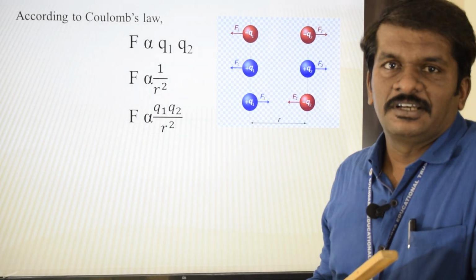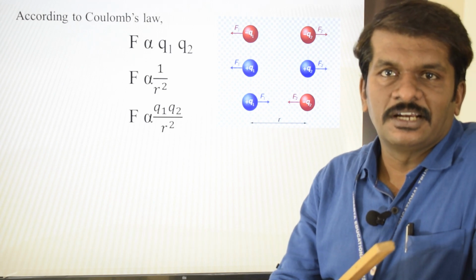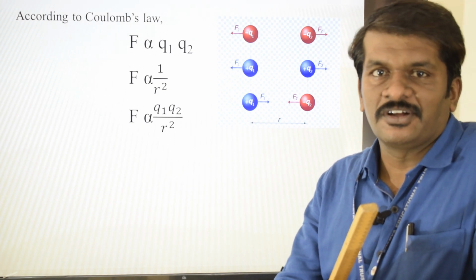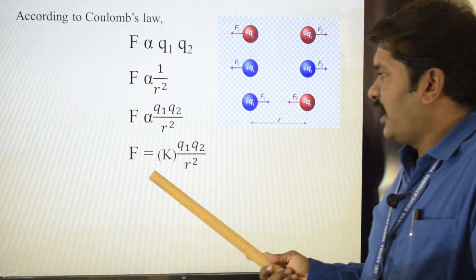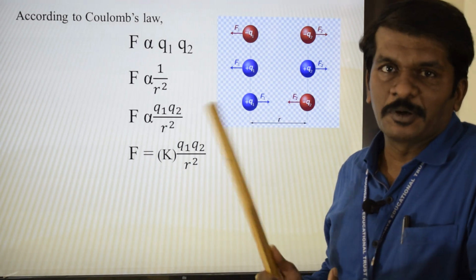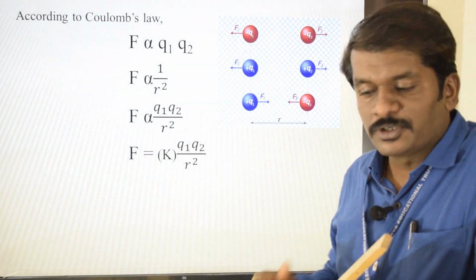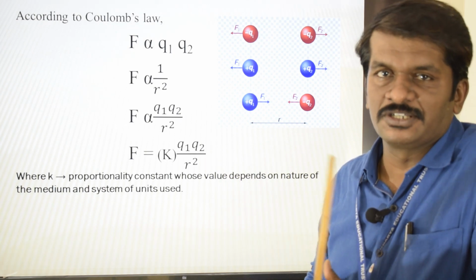In physics, to remove the proportionality we have to introduce a constant, called the proportionality constant. So the equation becomes F equals K Q1 Q2 divided by r squared, where K is the proportionality constant, which depends on the nature of the medium and the system of units used.